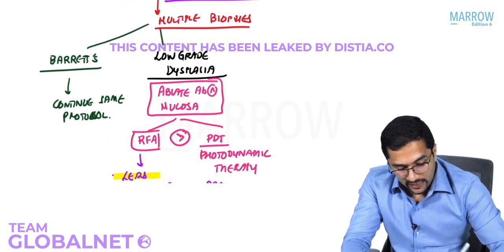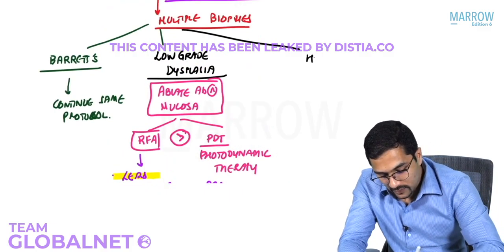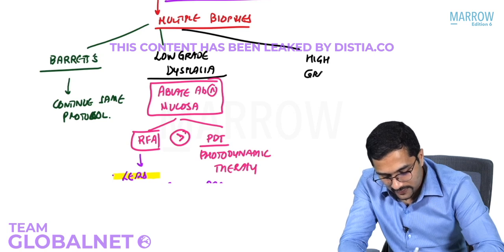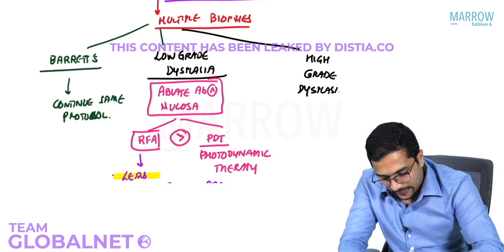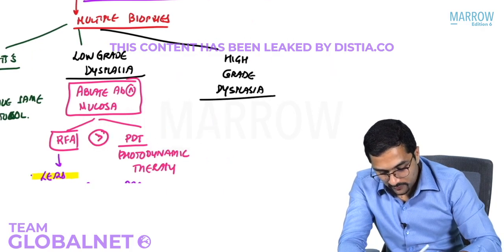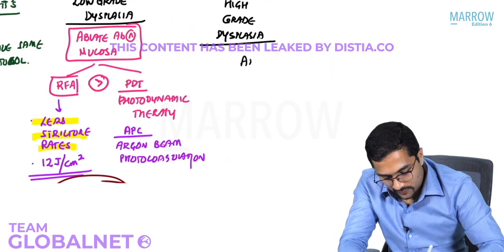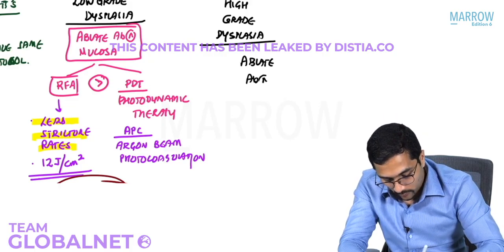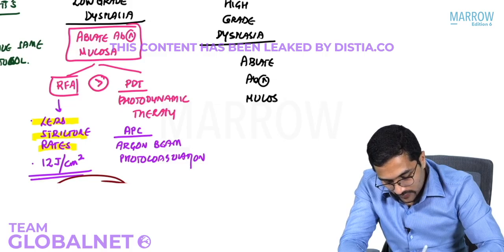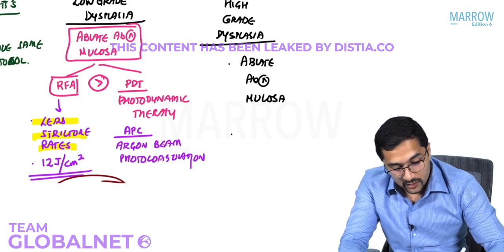Now, the third possibility can be high-grade dysplasia. Again, if there's high-grade dysplasia, you have to ablate the abnormal mucosa, which we've discussed is better with RFA. And now we are going to call these patients every 3-monthly.